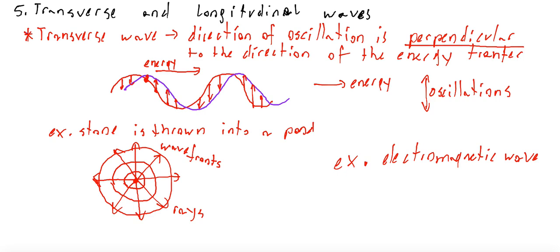Last point, longitudinal. Still, we will be talking about the same topic. On the next slide, I'm going to present longitudinal waves. When you are ready, please turn it. And the bullet point in blue: longitudinal waves. What are longitudinal waves?